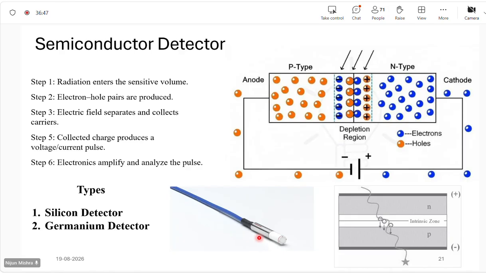So why is there no need of providing any bias voltage? Here is the principle. In the depletion region, there is a potential difference, like in P type it's negative and in N type it's positive. When radiation falls in this region, it deposits its energy within the depletion region and creates electrons.